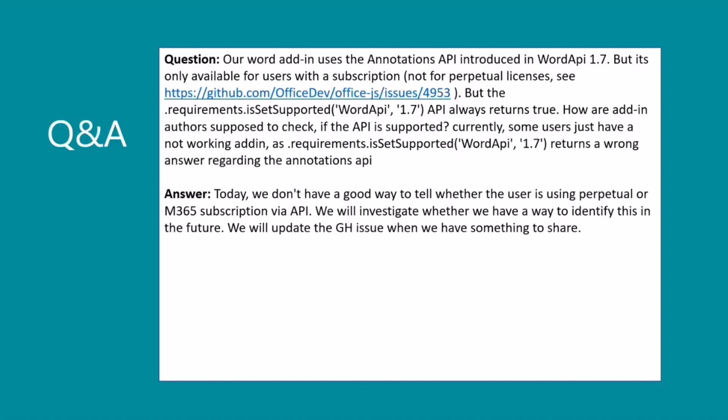So we will take this as a follow-up to investigate whether we have a way to identify such a case in the future. We will share in the GitHub issue once we have something to share.